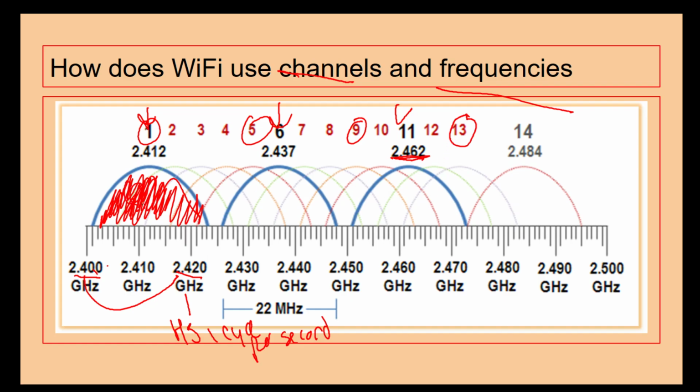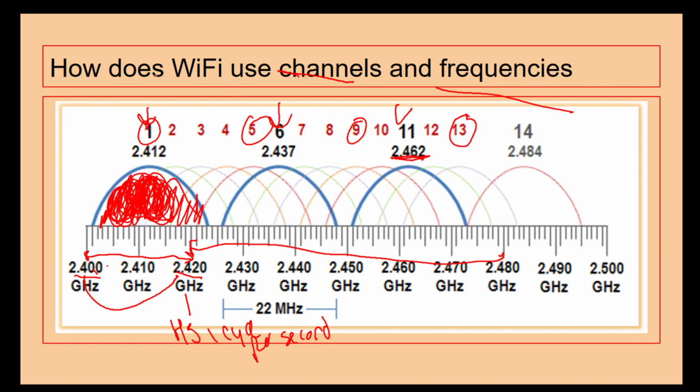Because if everyone is cramming into channel 1, using only the frequency 2.4 to just over 2.42, everyone's network data in this small signal space is going to be bad. Whereas if we use greater frequencies, we can share the load across all these different areas.